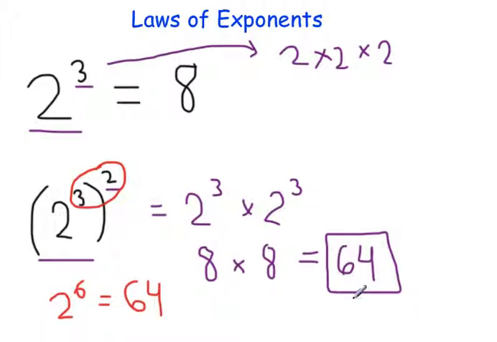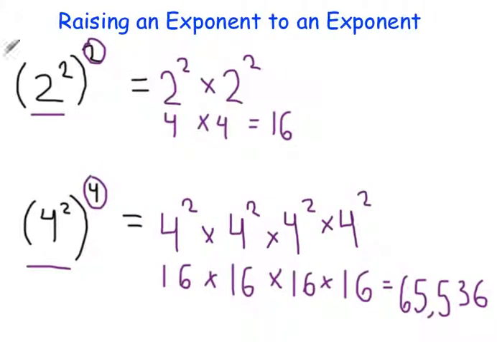And 64 is the answer here. If we were to take 2 and 2 and multiply them, we would have 2 to the 4th power. And 2 to the 4th power is 16. Again, there is a match.